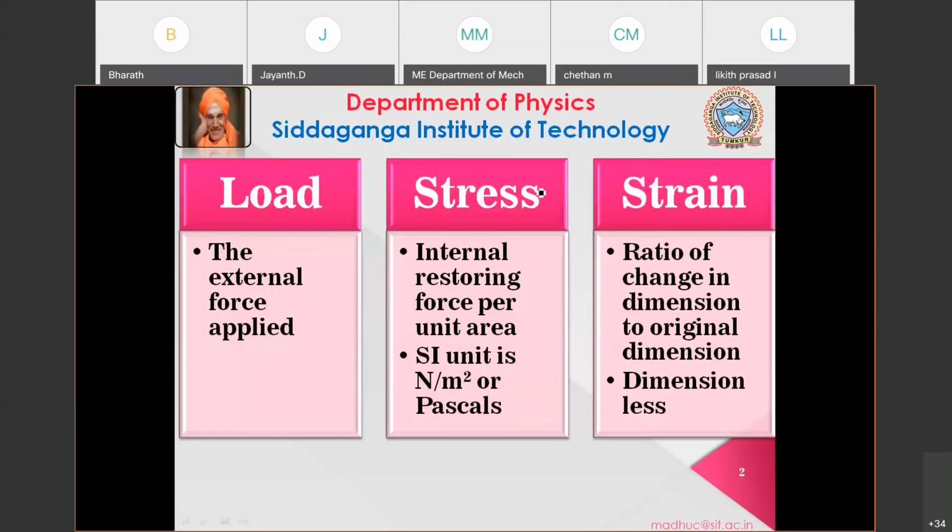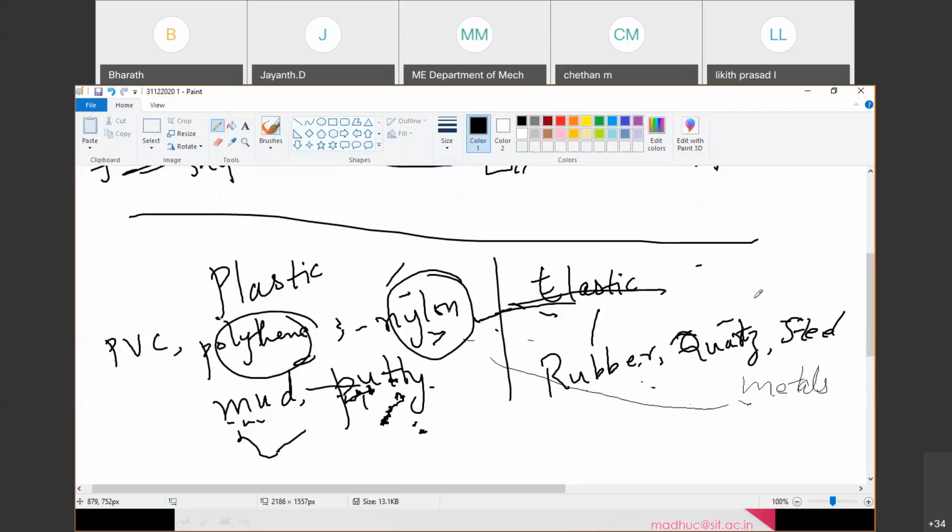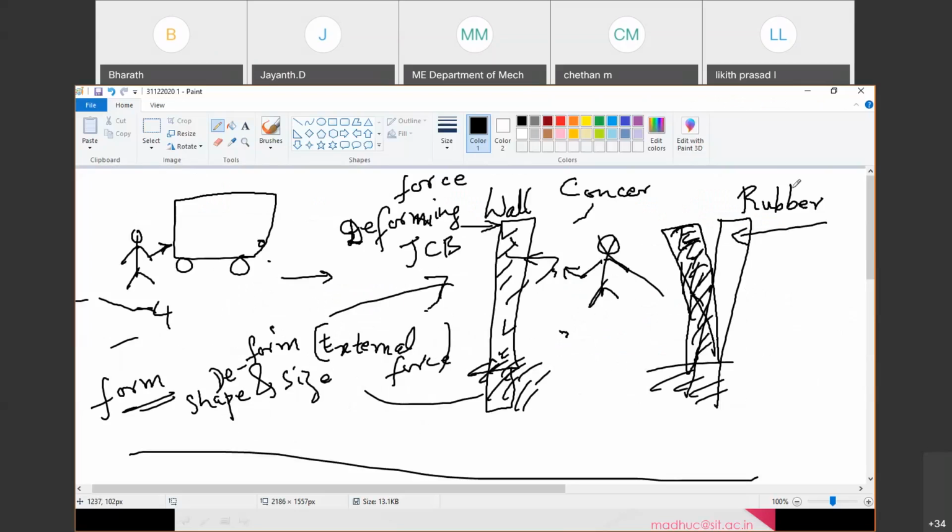Let me take rubber. When we are trying to push the rubber, the rubber is going to have some opposing force, because if I'm pushing the rubber, I will also experience a force.